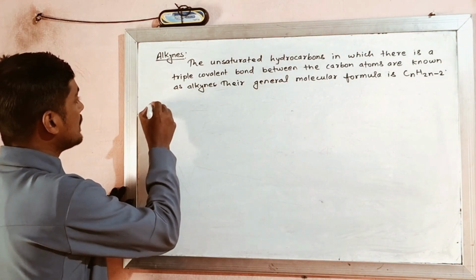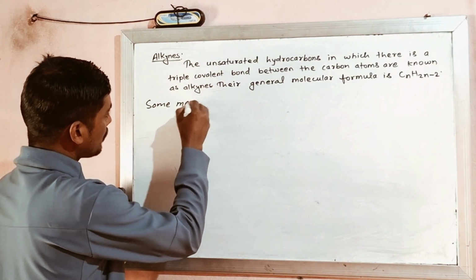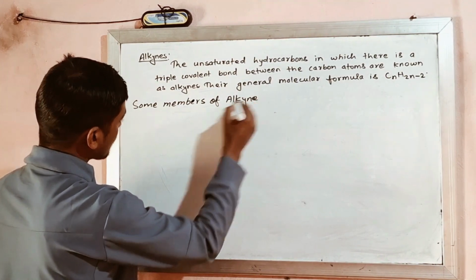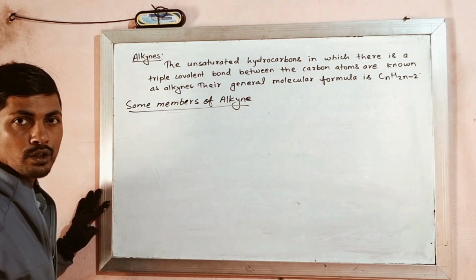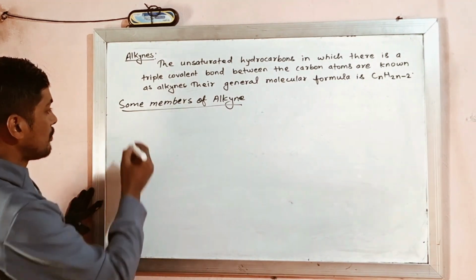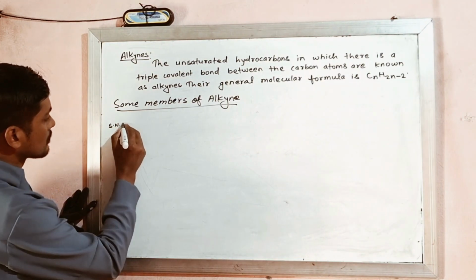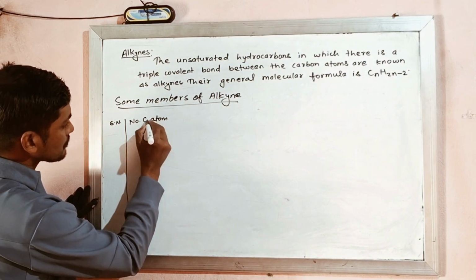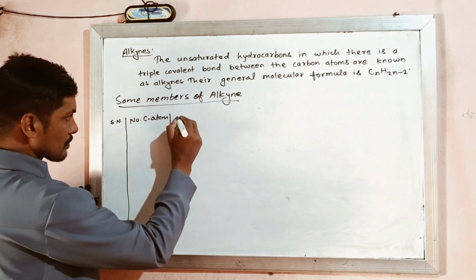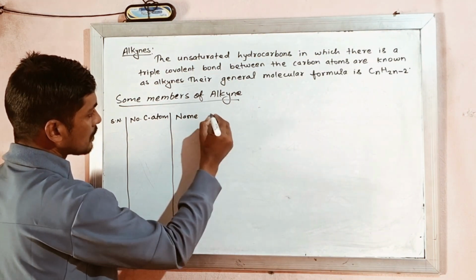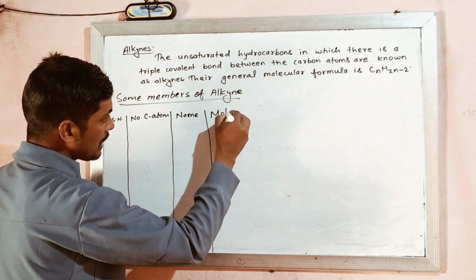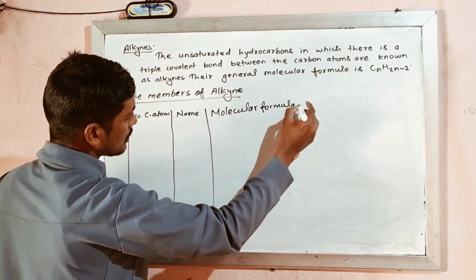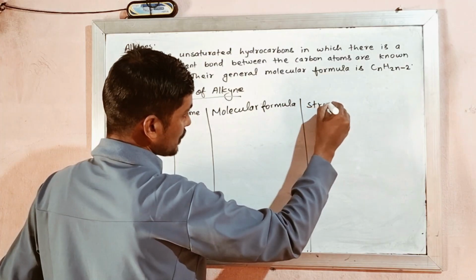Now, let's see some members of alkyne with their number of C atoms, that means carbon atoms, name, molecular formula, and structural formula.